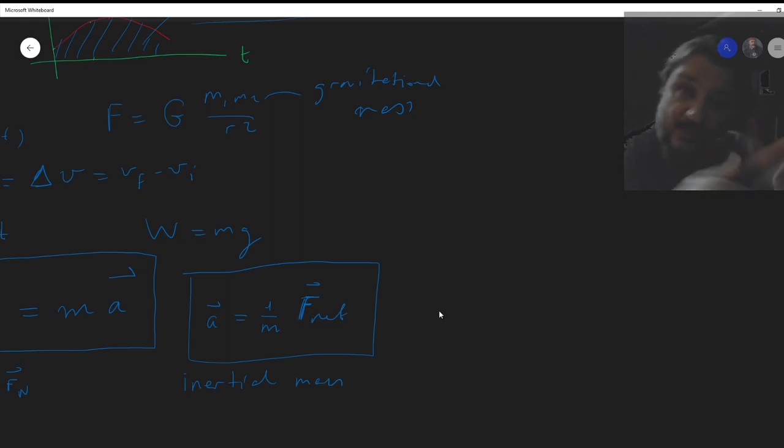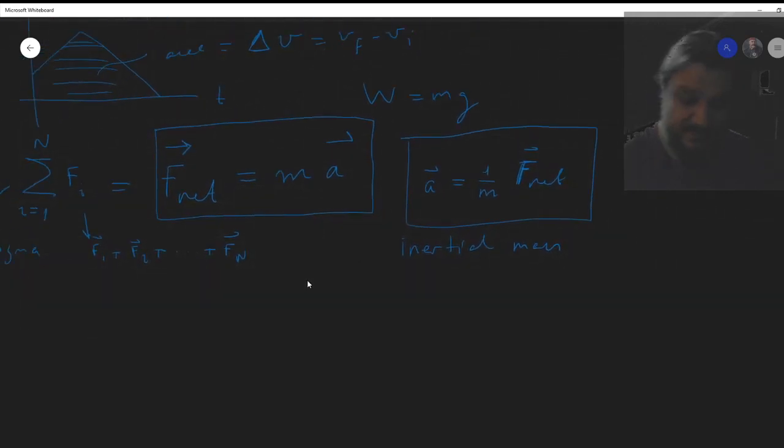It is a vector equation, so write it in terms of components, meaning if this is a 3D problem, F net x will be equal to m times the x component of a, and then you can repeat the equation for y as well. F net y will be equal to m times ay, and then F net z is equal to mass times az. Right? It is actually three equations.